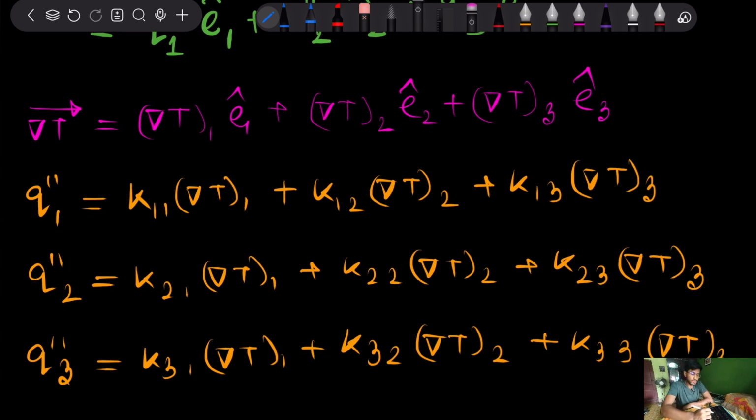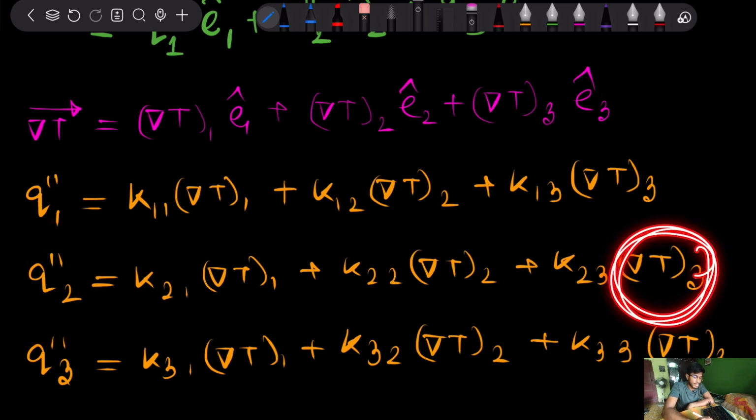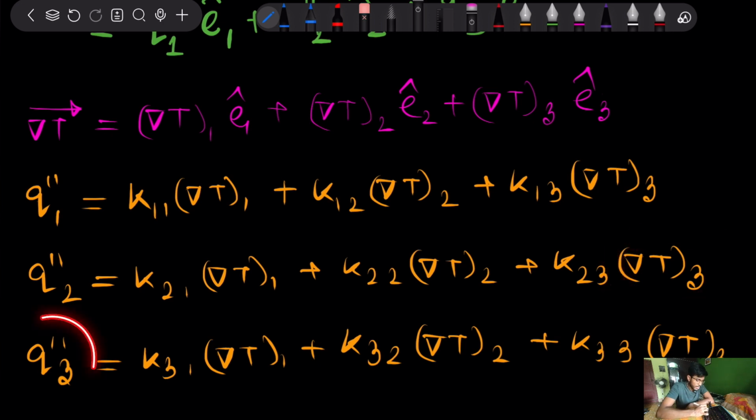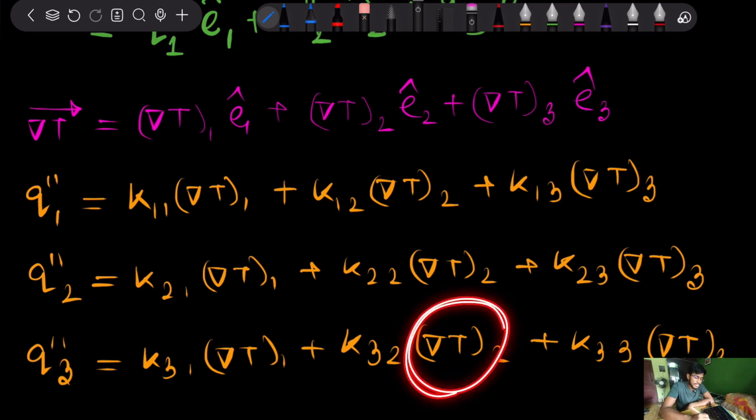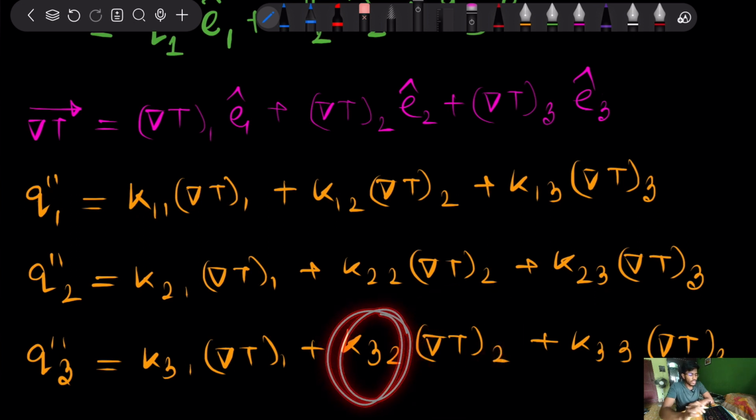Similarly, K23 correlates my Q2 double prime and del T3, and my Q3 double prime is correlated with del T2 by K32.